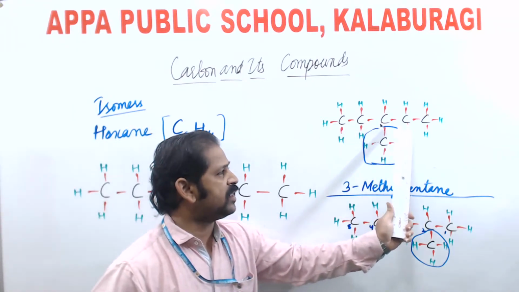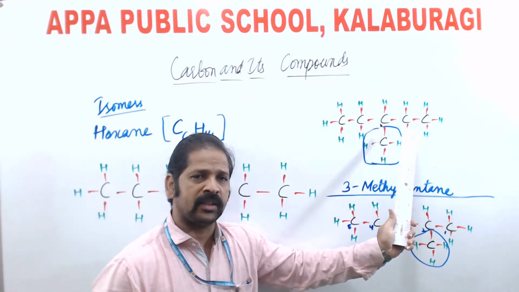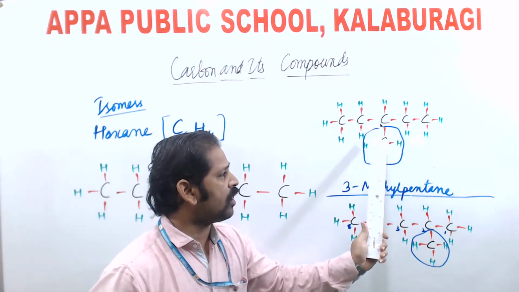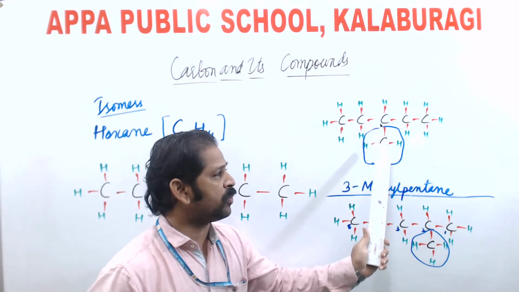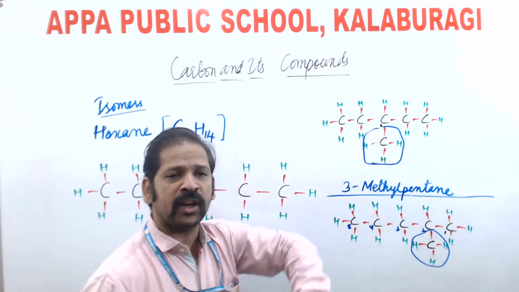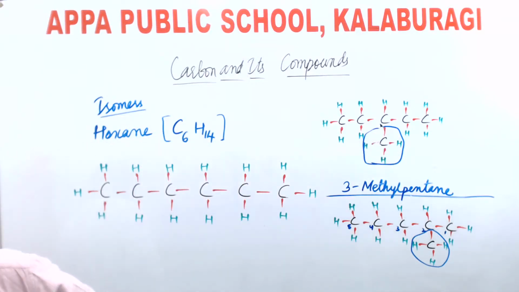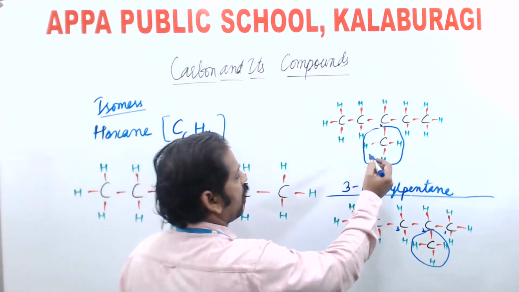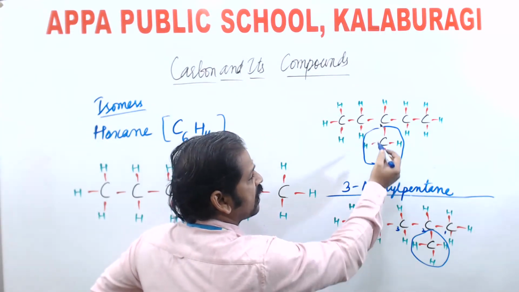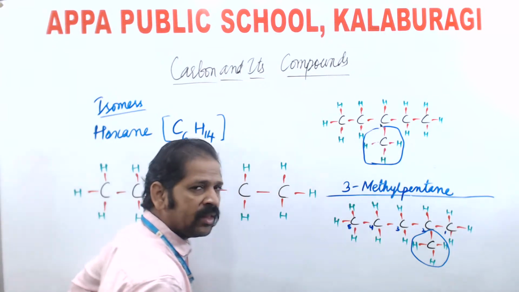5 are the main chain, that is the parent chain, and this is called the functional group. Now CH3 is considered as a functional group. So I mentioned the methyl group first, and this methyl is placed at the third position of the carbon.